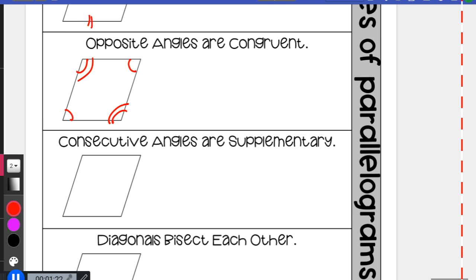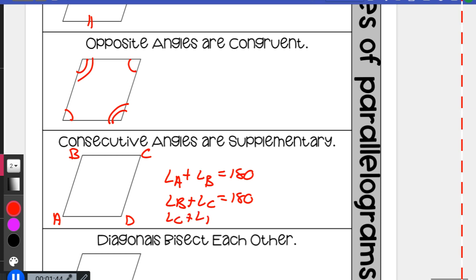Consecutive angles are supplementary. So this is hard to mark, but let's label it. If we have parallelogram ABCD, angle A and angle B added together equal 180. Angle B and angle C added together equal 180.